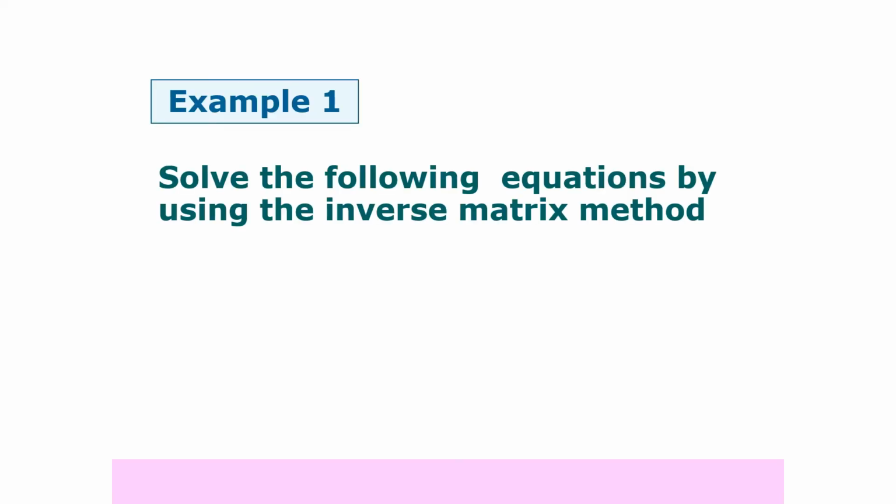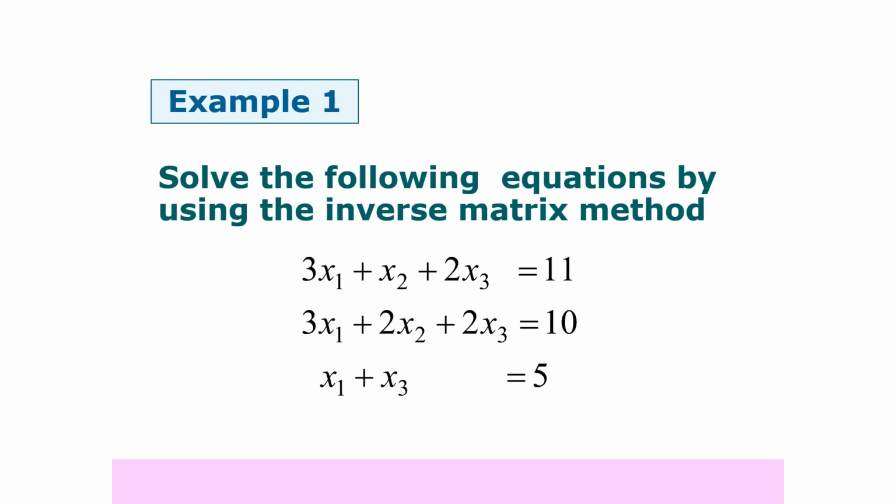Let's go for example 1. Solve the following equations by using the inverse matrix method. Given to you is the system of linear equations containing x1, x2 and x3 as the three variables.